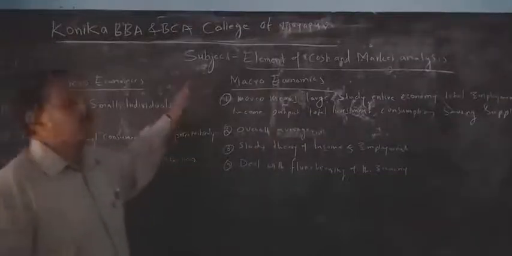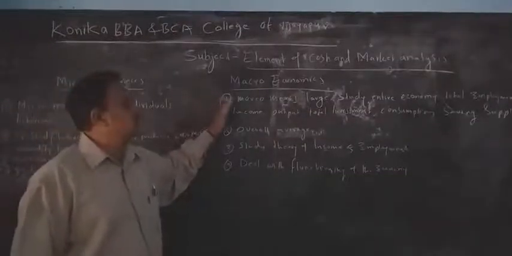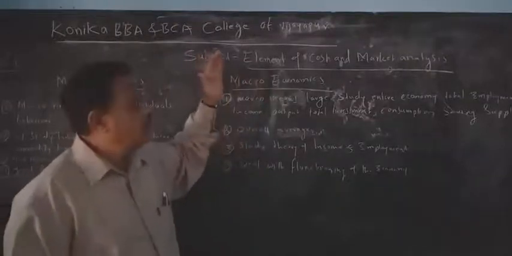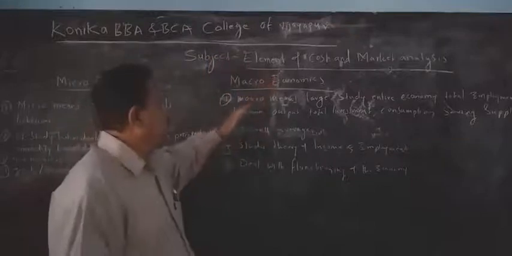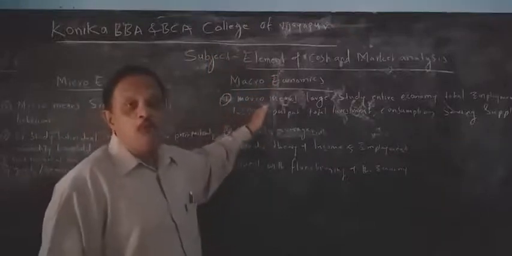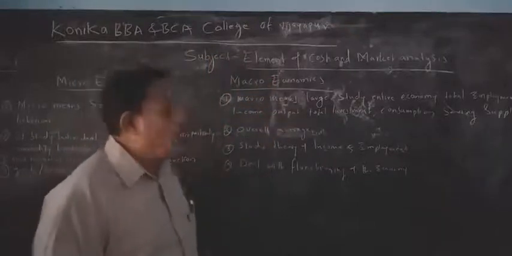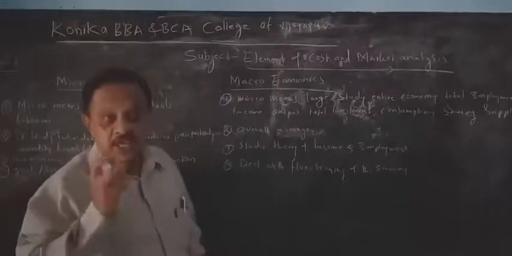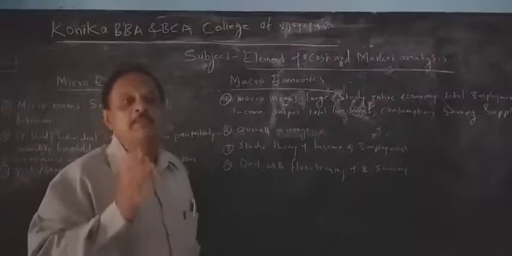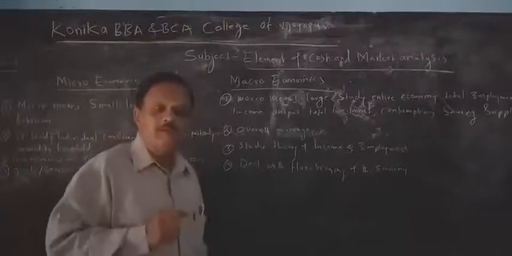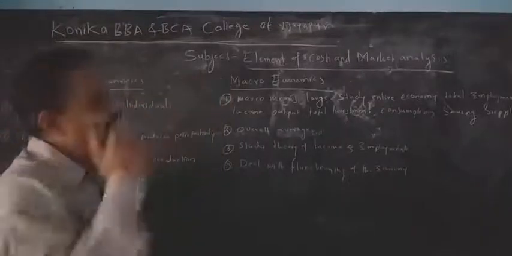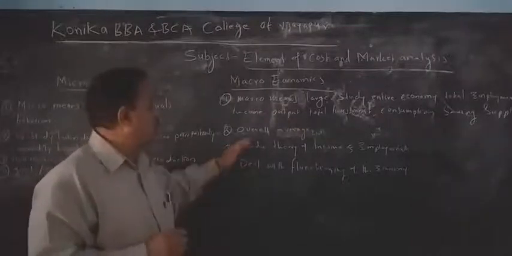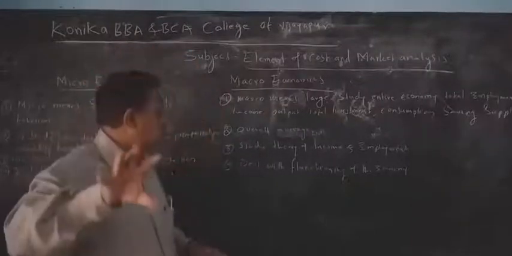Then macroeconomics means large study of the entire economy: total employment, total income of the people, output of production, total investment, consumption, the need of people for demand, total selling and total supply. These are all in macroeconomics, and we study the overall average.